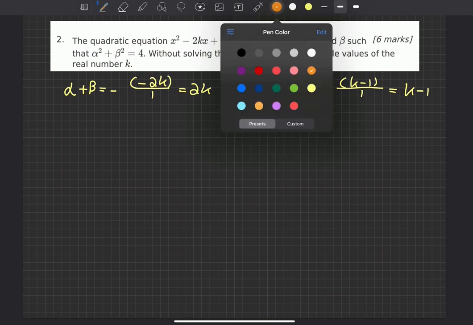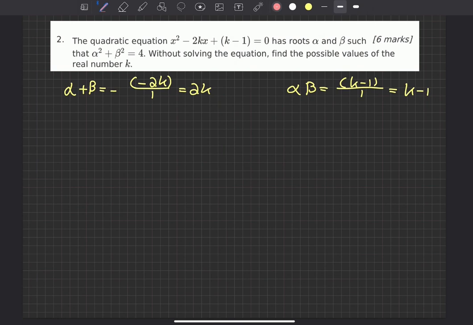Now, the trick here, which will be used in most questions of this type, is you want to get alpha squared plus beta squared, right? The way you can get this is by taking alpha plus beta and squaring the entire binomial. This will give you alpha squared plus beta squared plus the 2 alpha beta, right?